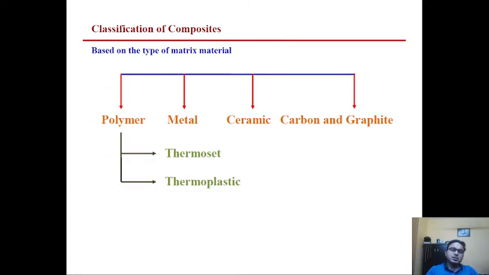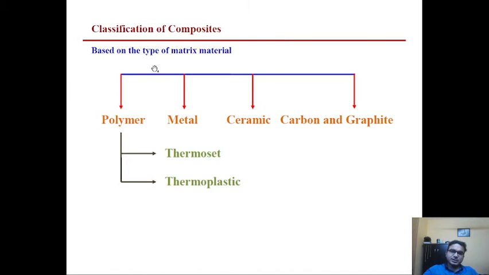Now let's go into the classification of composites. Based on the type of matrix material, there are four classifications. First is polymer, second is metal, third is ceramic, and fourth is carbon and graphite. In polymers, there is a further classification: thermoset and thermoplastic.